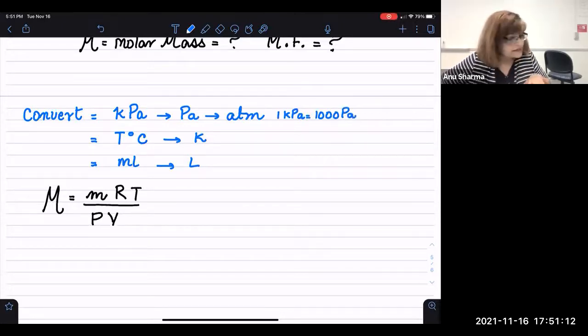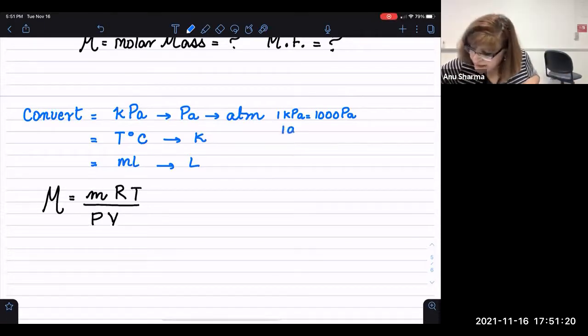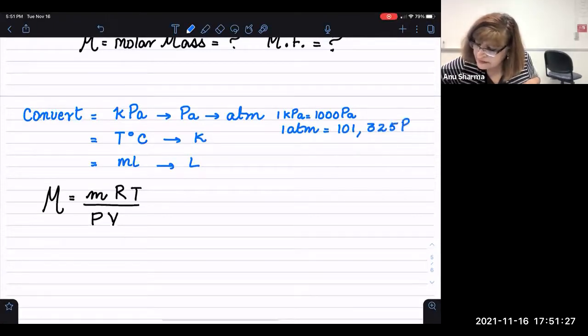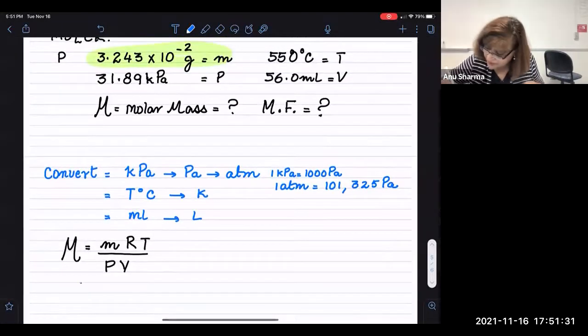Next, 1 ATM is equal to 101.325 pascals. Okay, so let's do this first conversion. That is, pressure from kilopascals to ATM.